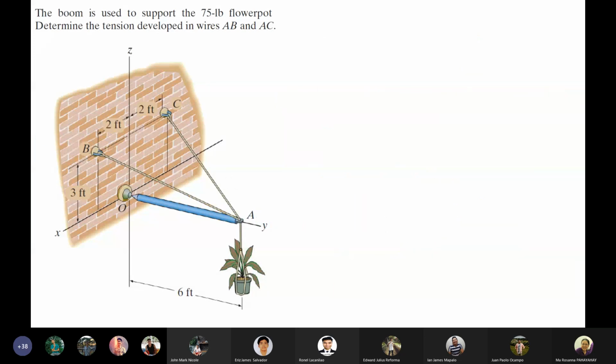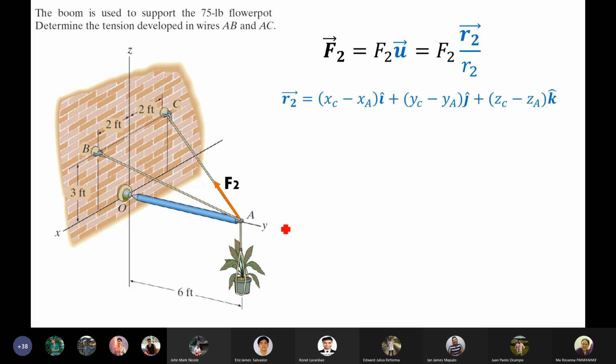Now, let's go to F2. Same, ganun din ang gagawin natin. We will get the position formula using Cartesian vector. Here, that is the position vector parallel to F2. So, that is position A and position C. So, this is again the formula. So, that is C minus A. And the position A is 0, 6, 0.